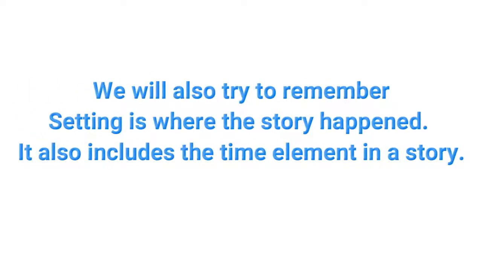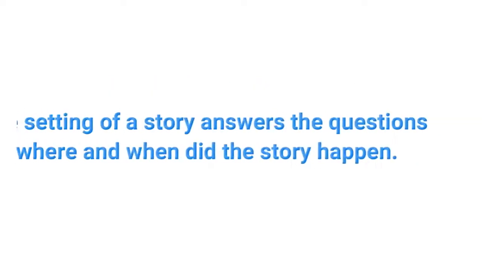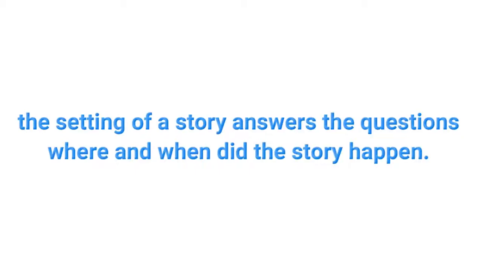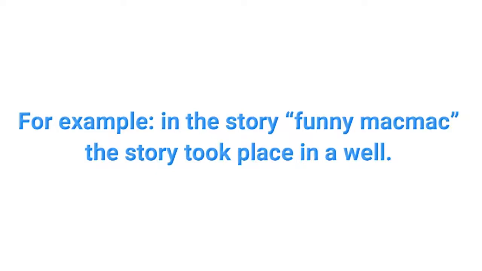We will also try to remember that setting is where the story happened. It also includes the time element in a story. The setting of a story answers the questions where and when did the story happen. For example, in the story Funny Mac, the story took place, or the setting is, in a well.